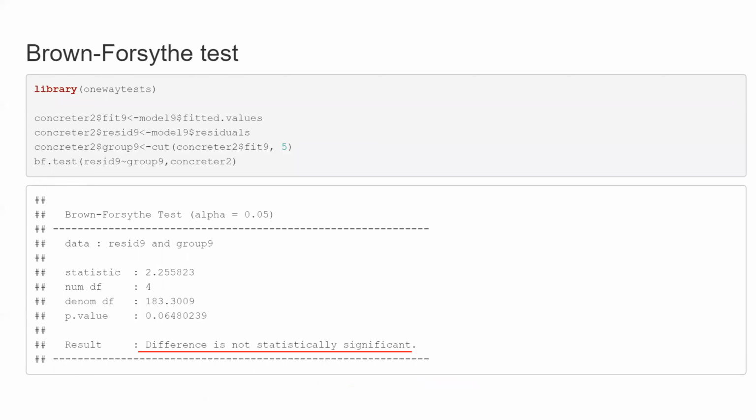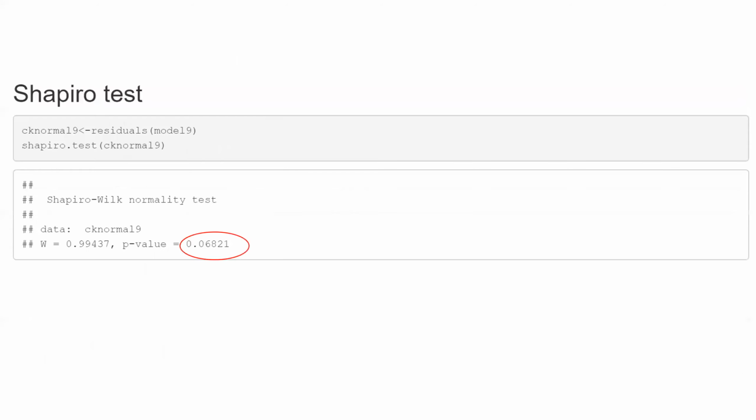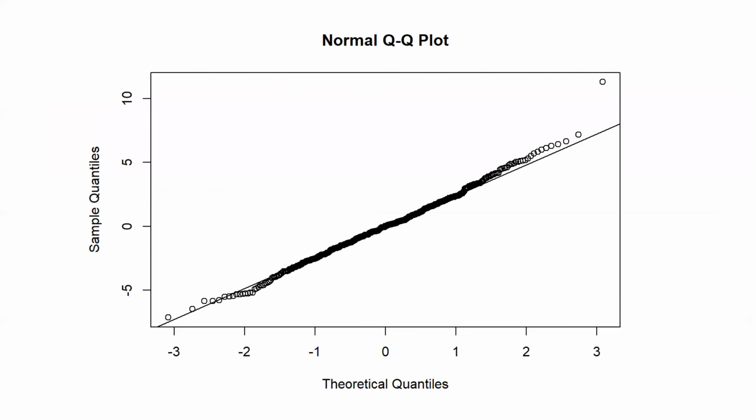And the BF test tells us that the difference is not statistically significant. It means that the constant variance assumption is not violated. And from the Shapiro test, at the significance level of 0.05, the normality assumption is not violated. And here we plot the normal QQ plot.